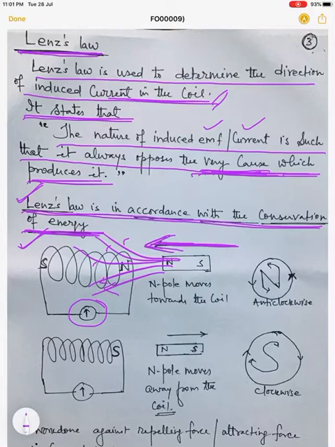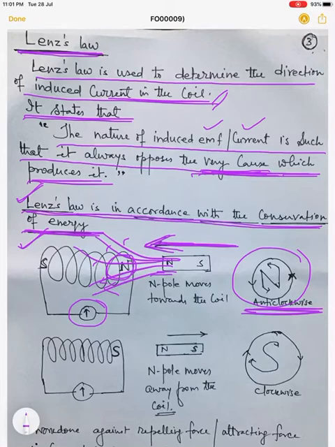So the EMF or current flows in the circuit in such a way that a north pole is induced here. And thus the north pole induced is now opposing the movement of the north pole towards the coil. As a result, if we see from this end, the north pole is induced, it means the current is anti-clockwise.